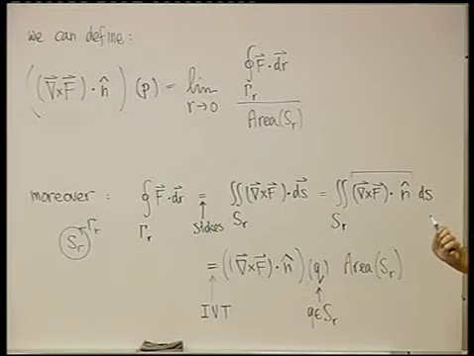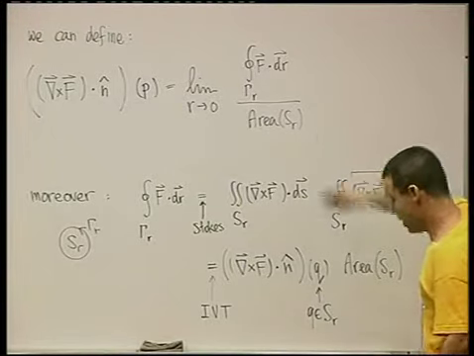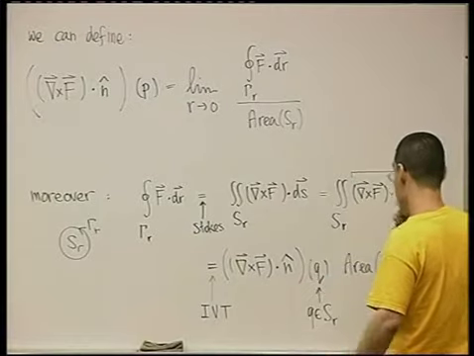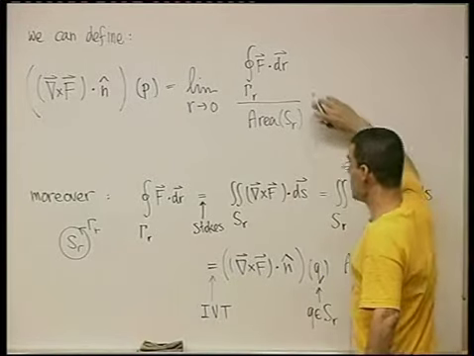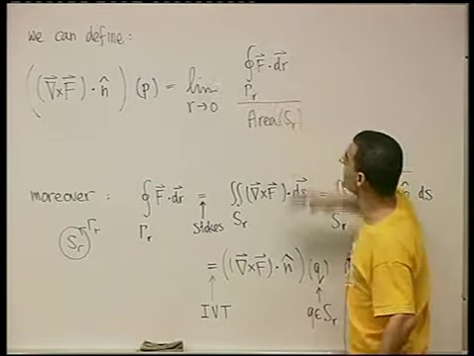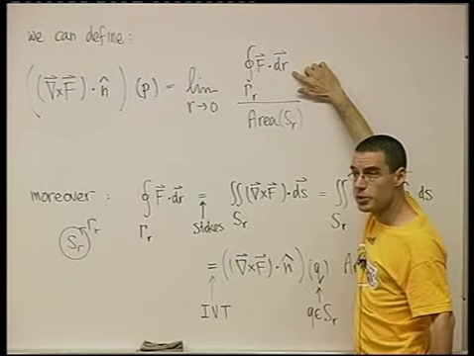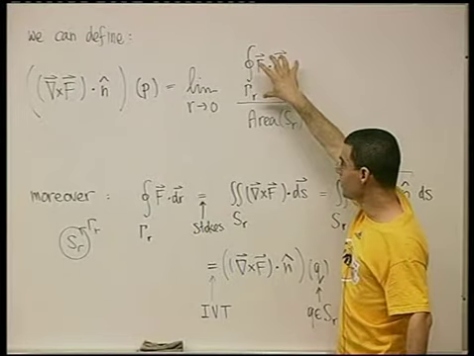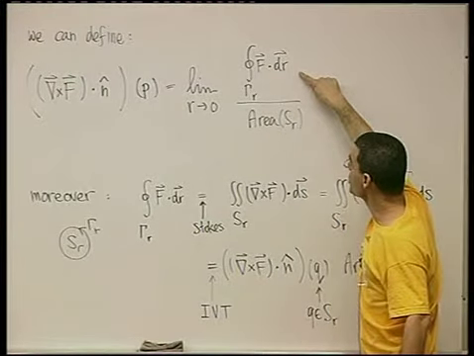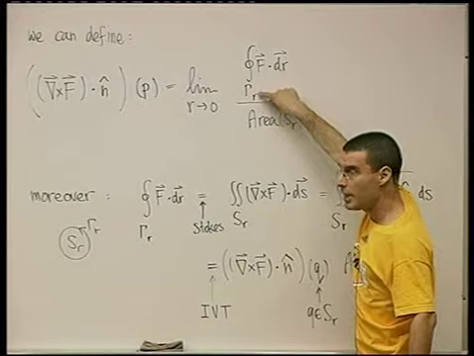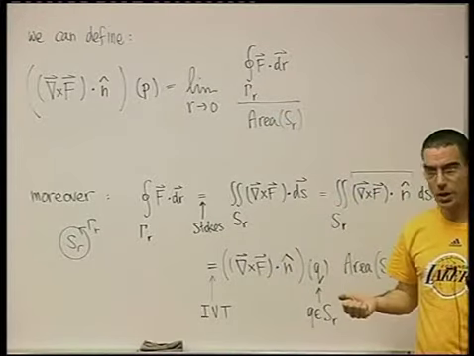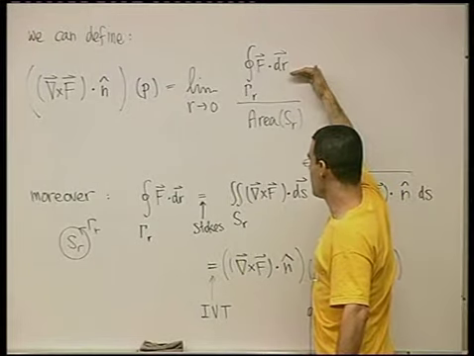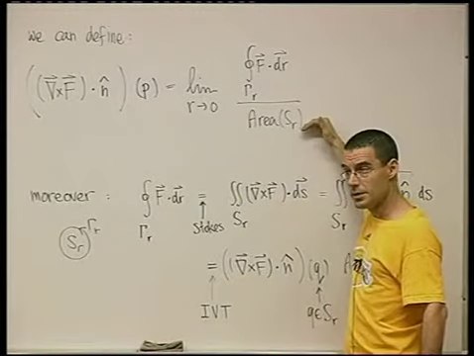Okay, and this definition leads to, so what do we have here? What is this thing? This we just said is the circulation, right? The line integral over a closed curve. And this is the circulation over gamma r divided by the area that gamma r encloses. Okay, so it's circulation per area. Do you see that?